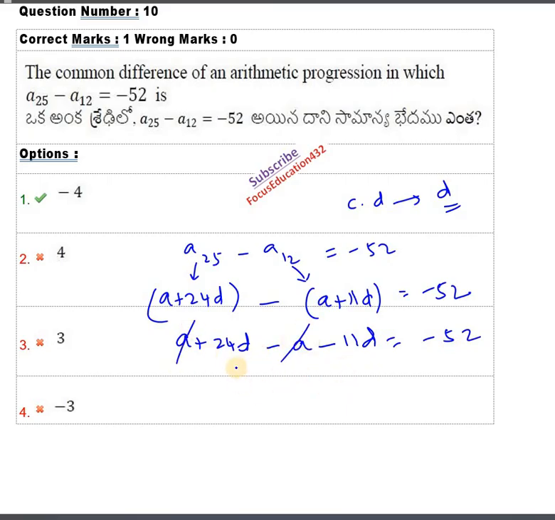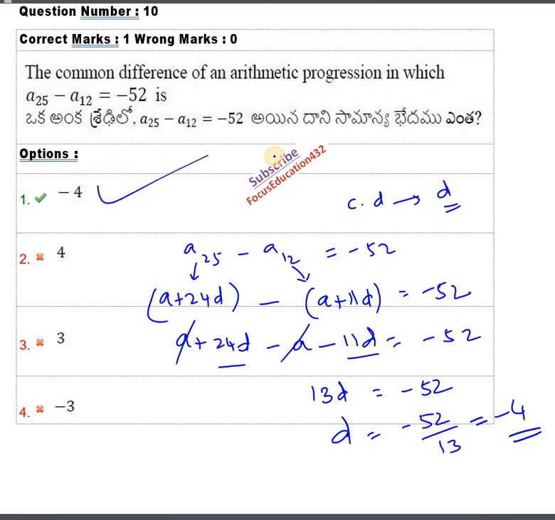Plus A minus A, gone. So 24D minus 11D, how much? 13D, no? 13D is equal to minus 52. So what is common difference? D is minus 52 by 13. 13 fours are 52, with a minus sign. So common difference is minus 4. So the first one is correct.